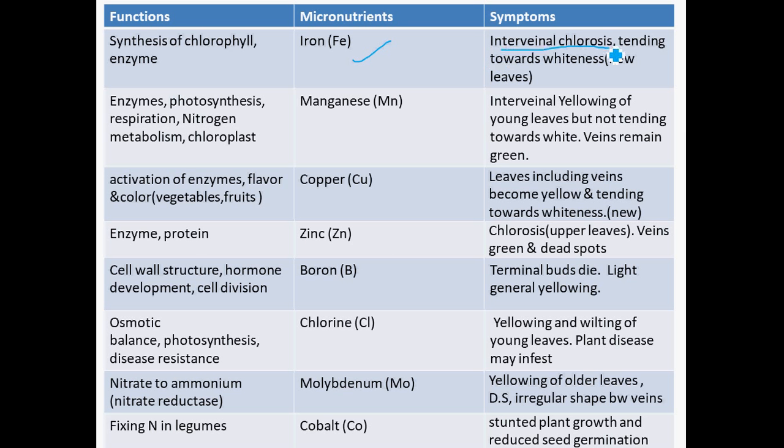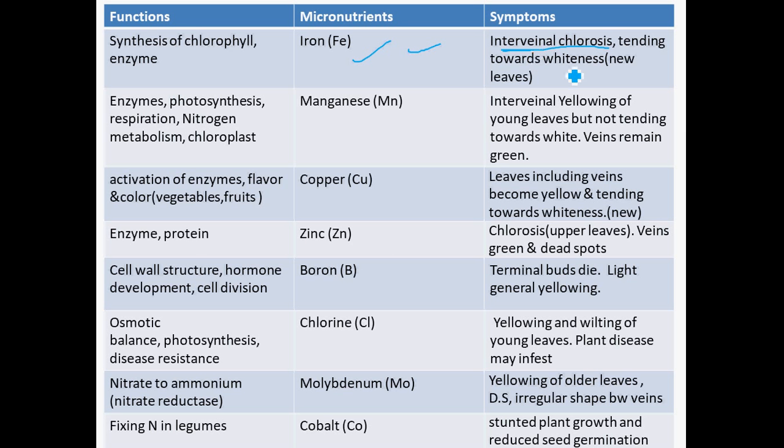We have just discussed that when leaves turn yellow between the veins but the veins remain green, it is known as interveinal chlorosis, and the general yellowing of leaves is known as chlorosis.